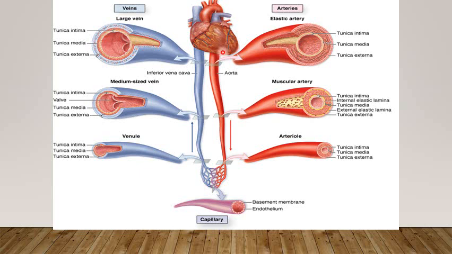In the arteries, as you have seen, descending down from the heart, the arteries change their diameter, structural composition, as well as functional part.